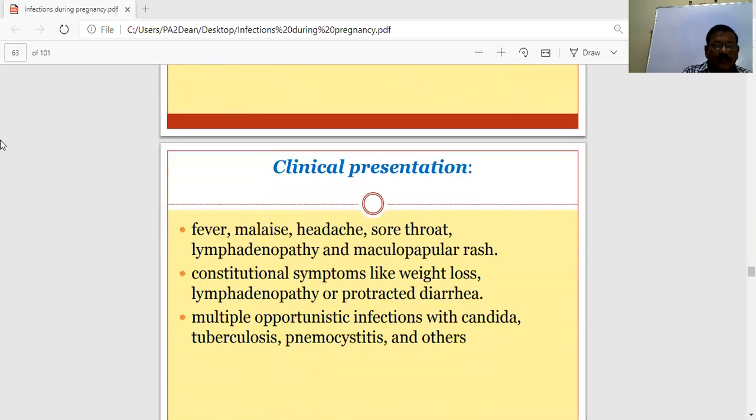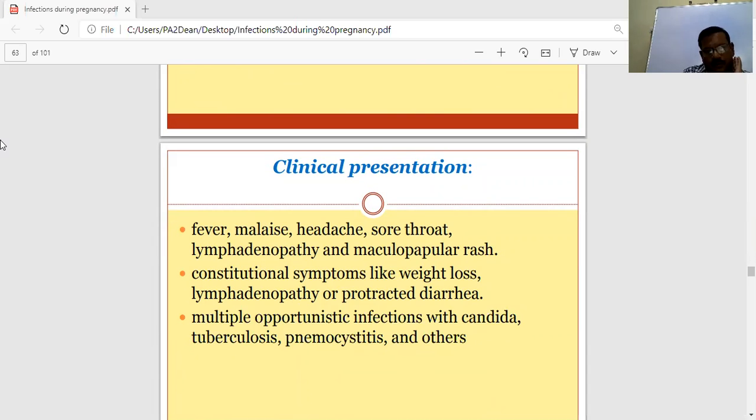The patients present with fever, malaise, headache, sore throat, lymphadenopathy, and maculopapular rash. Secondly, constitutional symptoms like weight loss, lymphadenopathy, and protracted diarrhea.